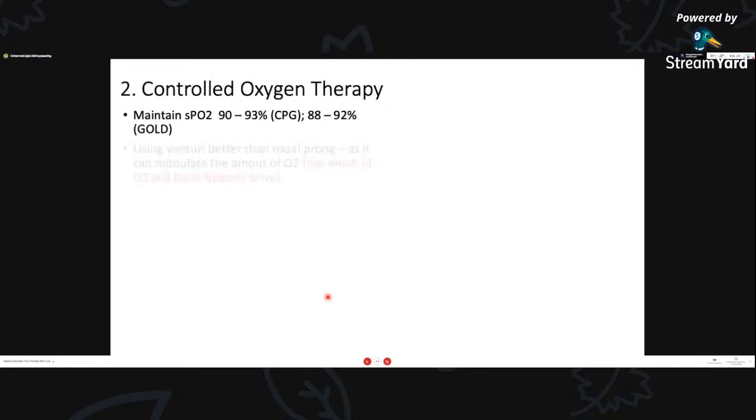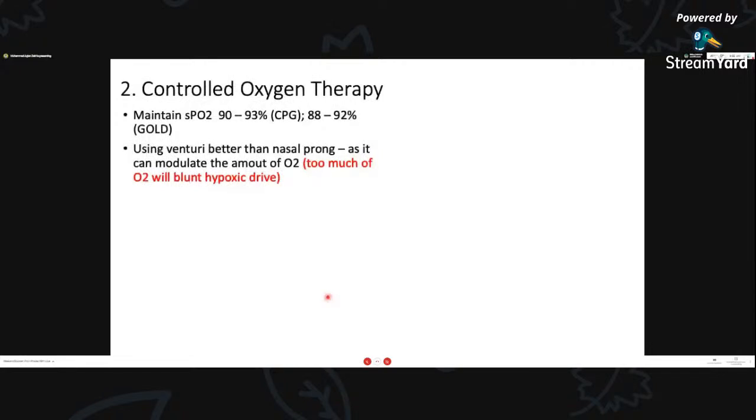So the problem with oxygen therapy for COPD patients, if you notice in the ward, is that they don't put them on a high oxygen flow. For example, on a nasal cannula we can put up to 5 liters per minute of oxygen, but they don't put it as high in COPD patients.